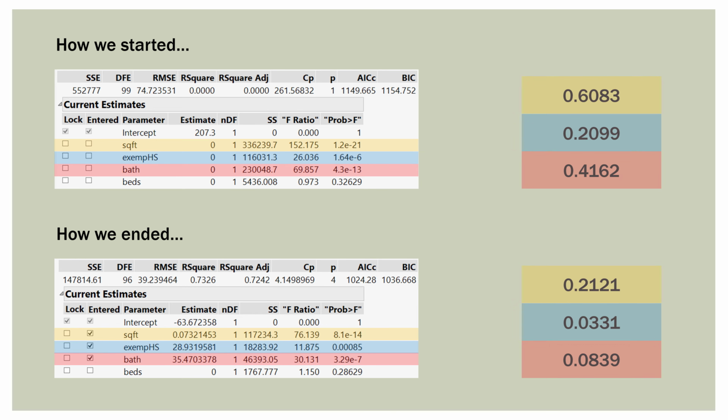But now we know how to interpret it. And of course, I will point out while we're here at the end that at the top, we have no variables in the model, but we have an intercept of 207.3. Remember what that represents. What that represents in this data set is that the mean house price is $207,300. And that's how we interpret the intercept with no variables in it.